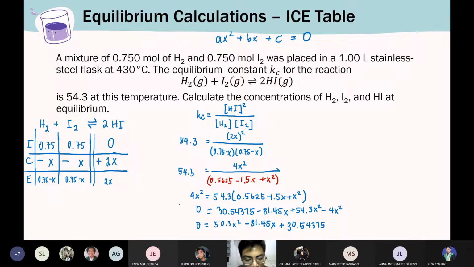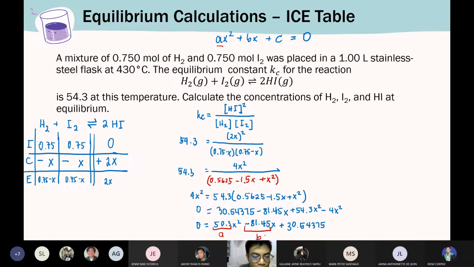Okay? So what's the reason why we arrange the polynomial with highest degree first? Kasi yung highest degree, that will have a coefficient of A. So ibig sabihin itong 50.3, yun yung A natin doon. At the same time, yung B, that is the coefficient of X term, including the negative sign.